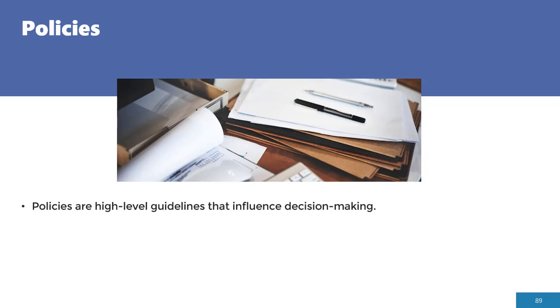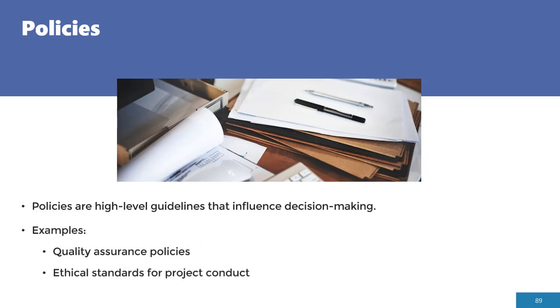Policies that will help to fuel your decisions, and those policies are out there. So you have to find the ones that are relevant to both your organization and the project that you are carrying out. Now, examples include quality assurance policies, ethical standards for project conduct. So these are policies that you have to ensure that you are conversant with in making your decision, so that you don't make the wrong decisions.